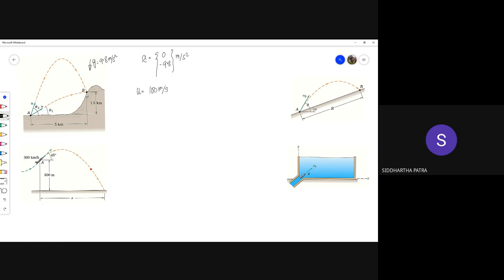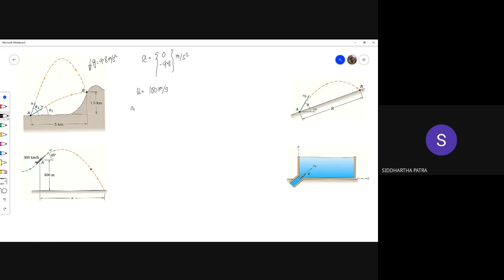Actually in this case you will get two values for theta. That's why there are theta 1 and theta 2. Okay. And this is how we address that problem.